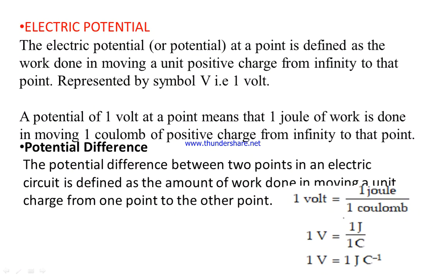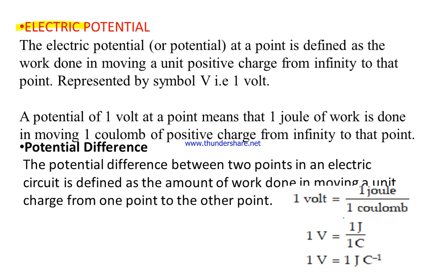Now let's talk about electric potential. After current, there is one more factor, that is electric potential. We all know the basics of potential energy, how water can be stored at higher potential, and when the dam is open, the water automatically flows to the lower level of ground. Similarly, we have an electric potential that is related to the flow of charges.